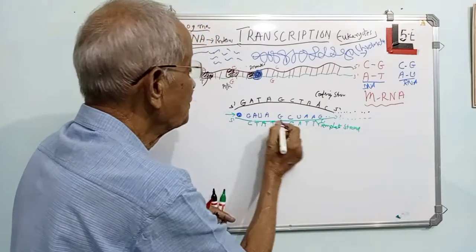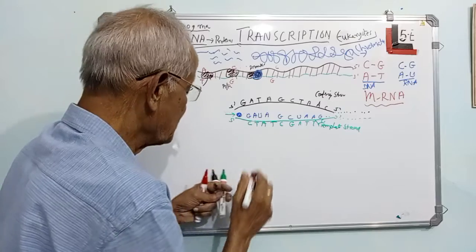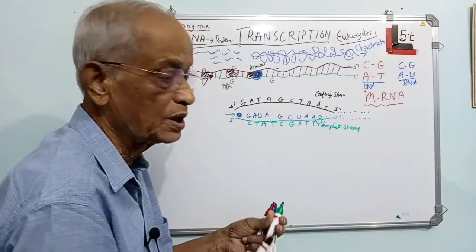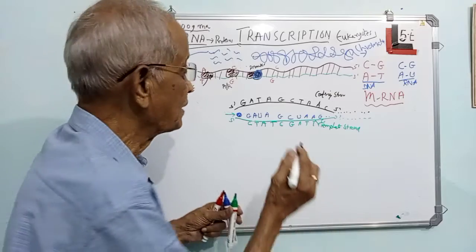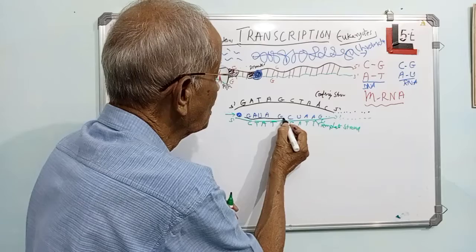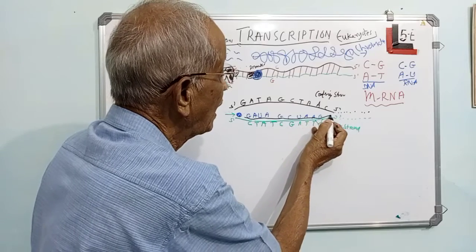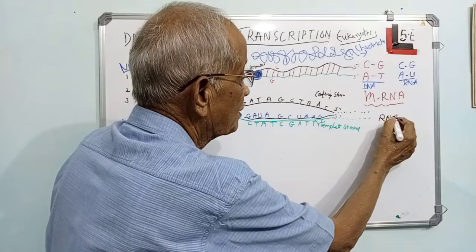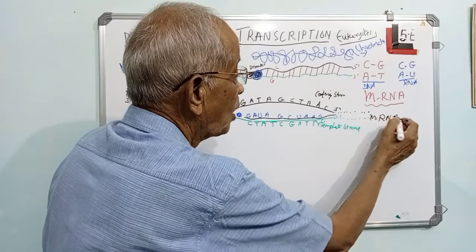So that means in the RNA, this type of nucleotide bases are added, and then you get the phosphate sugar backbone, and that becomes an RNA chain, the mRNA chain copied.